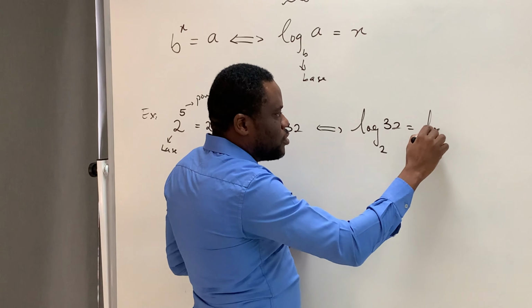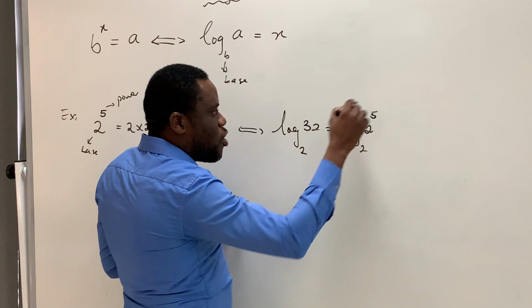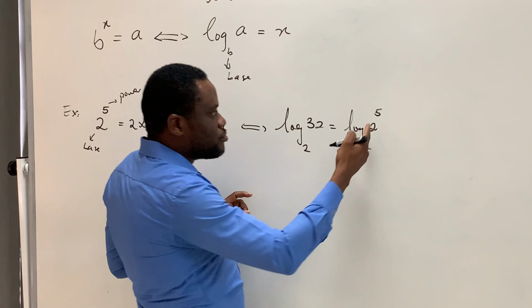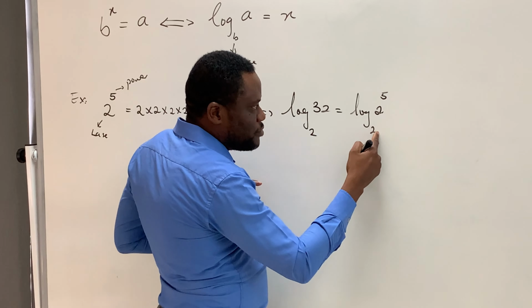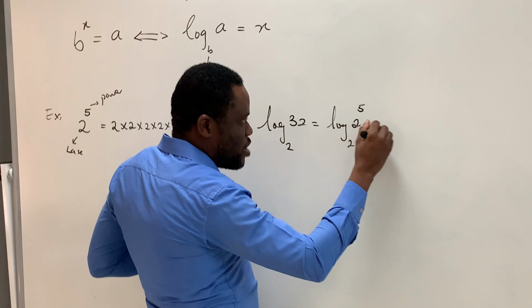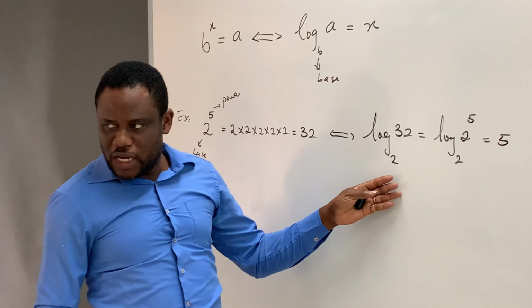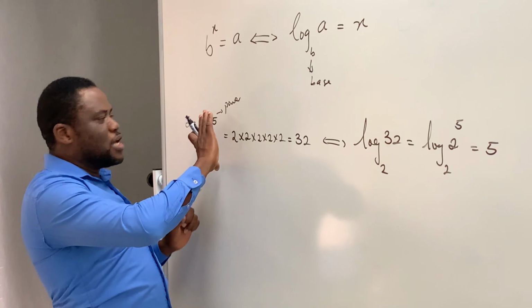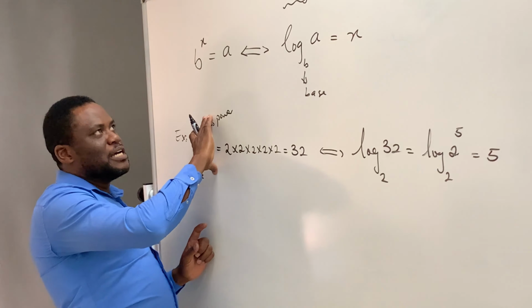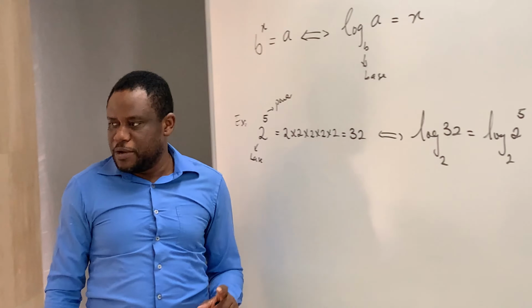Log base 2 of 32 means log base 2 of 2 to the power of 5. The base and the number are the same, so they cancel each other, and we have 5. This is some laws, okay? We're going to look at this law very soon. I'm trying to tell you how to write the exponential in logarithmic way. Okay? This is just an intro.